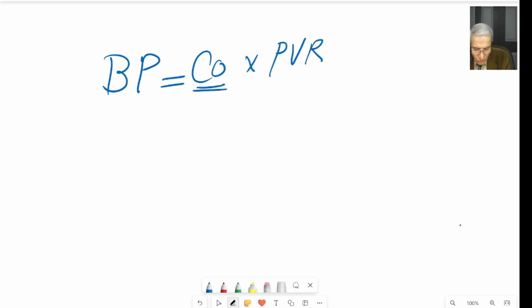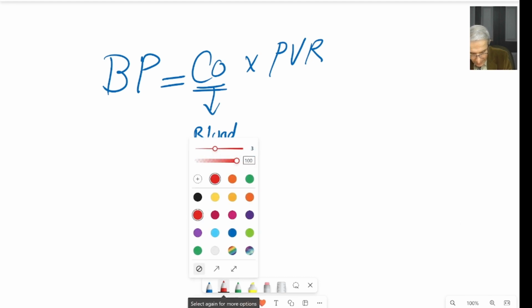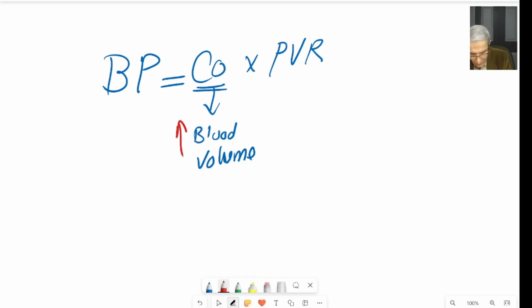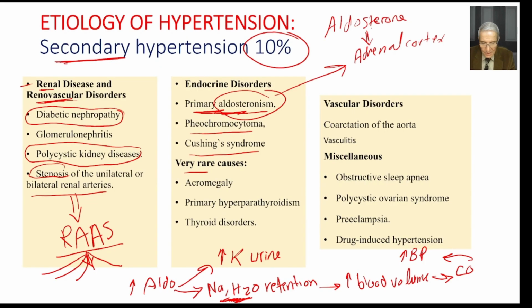Cardiac output is mainly related to the blood volume. So if the blood volume increases, the cardiac output will increase. If the cardiac output increases, the blood pressure will increase. So you are with me now on the same page, is that correct? Okay.